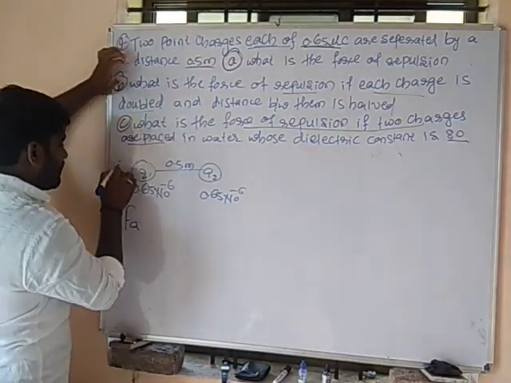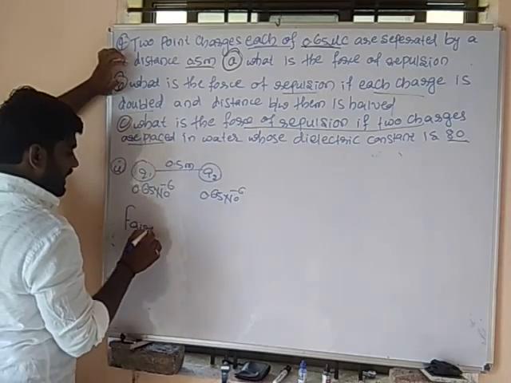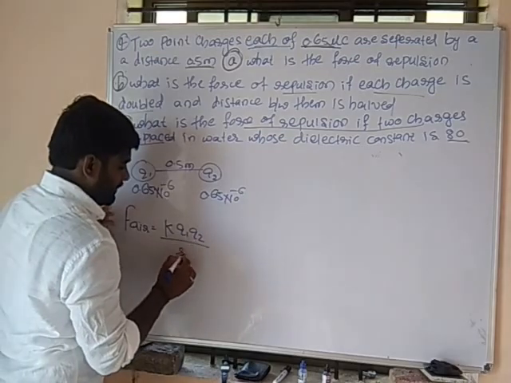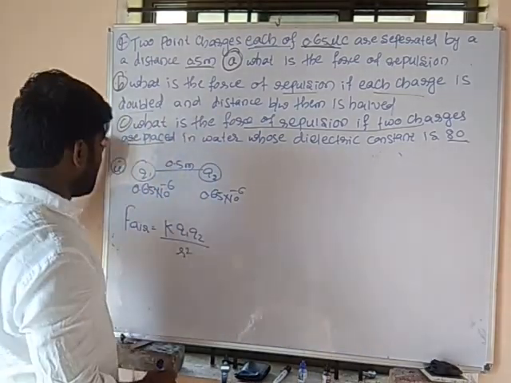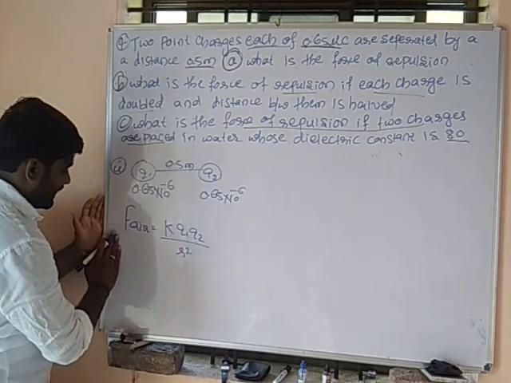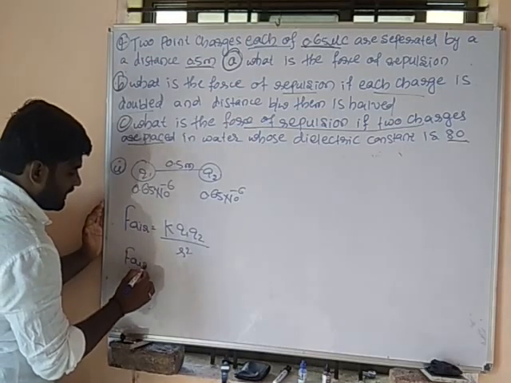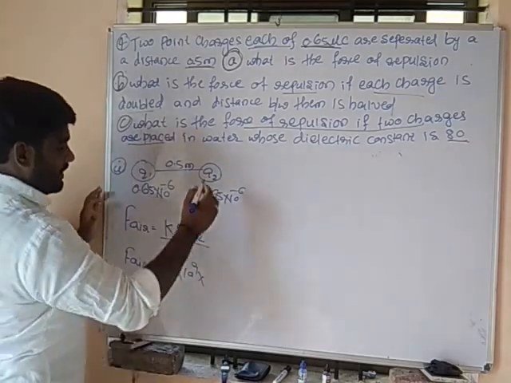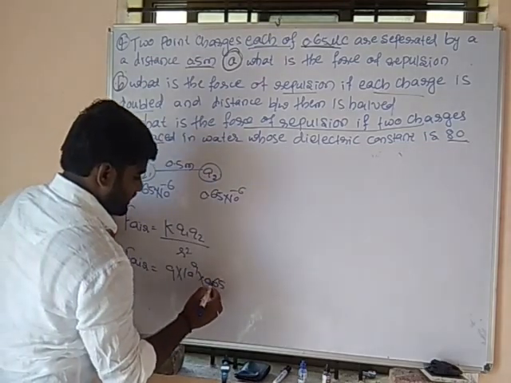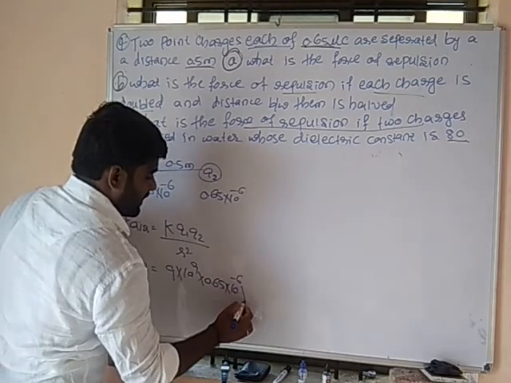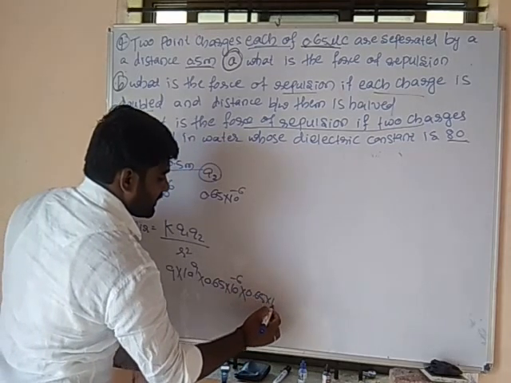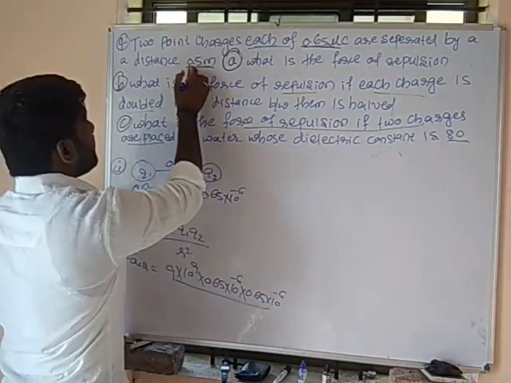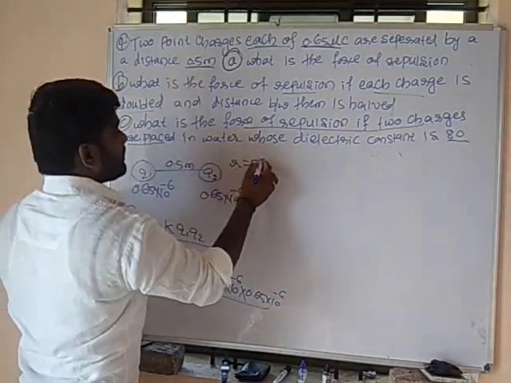First I want to calculate A. F at air is equal to K Q1 Q2 divided by R square. Then this F at air is equal to 9 into 10 to the power 9 into 0.65 into 10 to the power minus 6, 0.65 into 10 to the power minus 6 whole divided by R square. What is R? R is equal to 0.5.